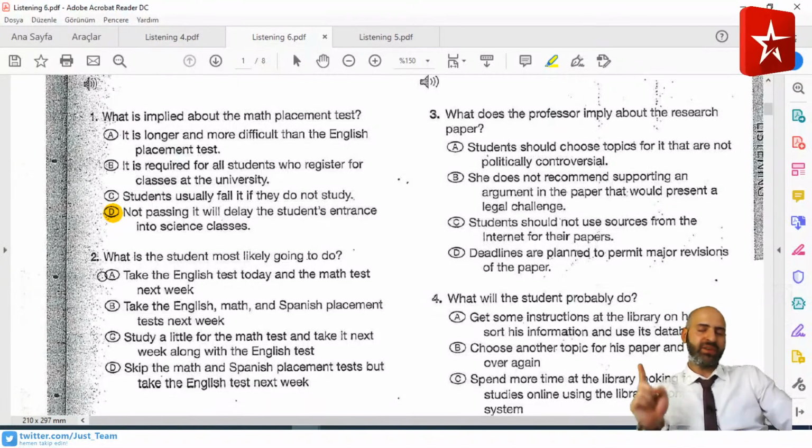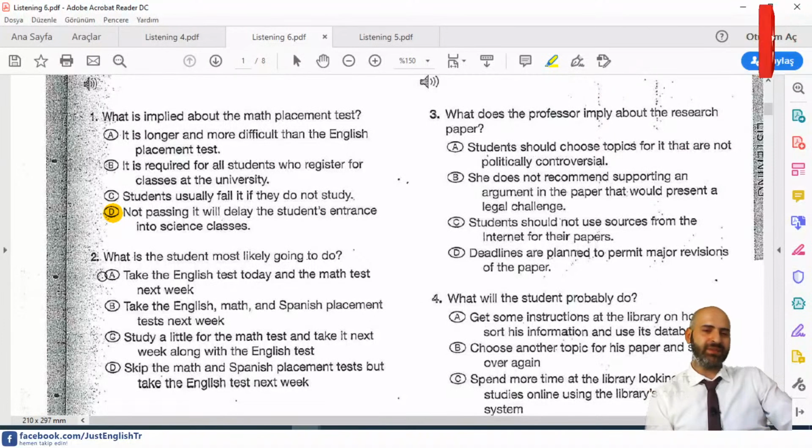So now think about English test, what she said about English test, math test, what she said about it, and what she said about Spanish test. Combine this information and which answer gives us all these 3 things? A, B, C, or D?